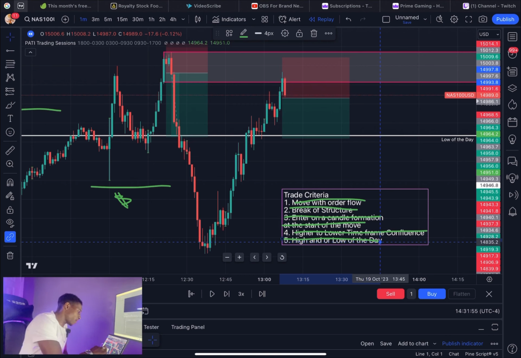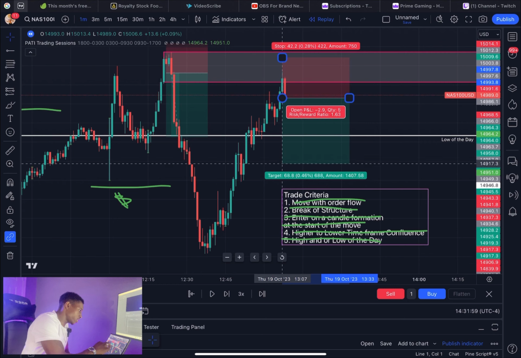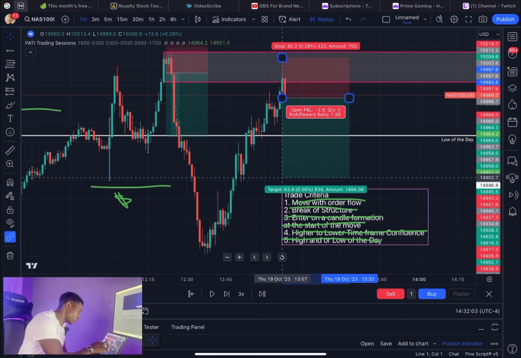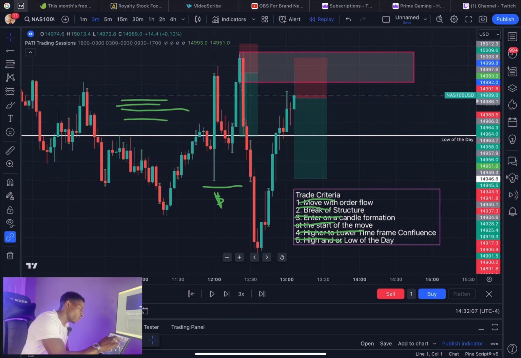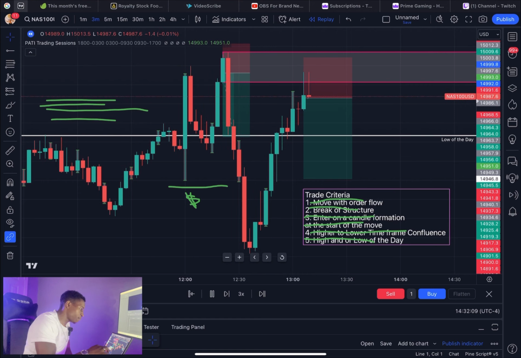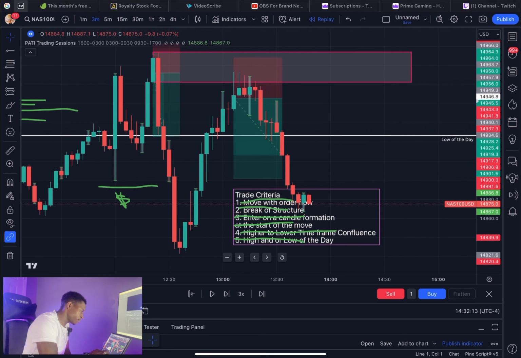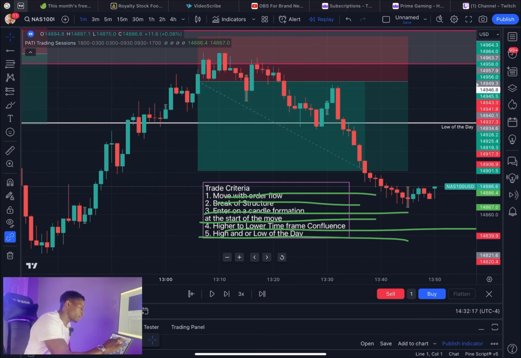So now that we have all of our trade criteria, let's go ahead and see how this trade is going to play out. So this is a 1 to 1. We're going to go just to a 1 to 2. We're going to see how that plays out right now. All right, that one played out pretty good.